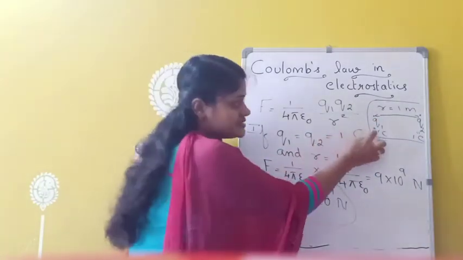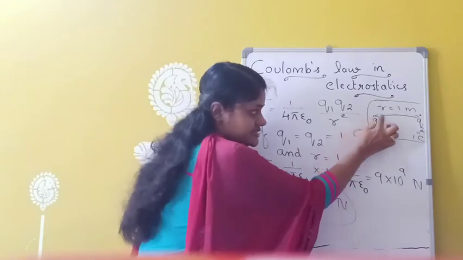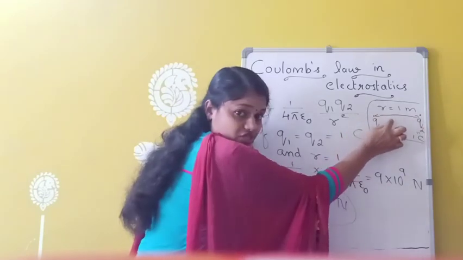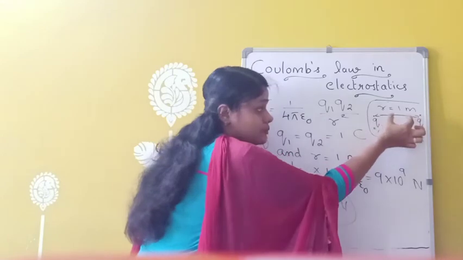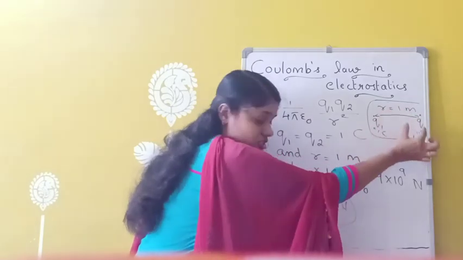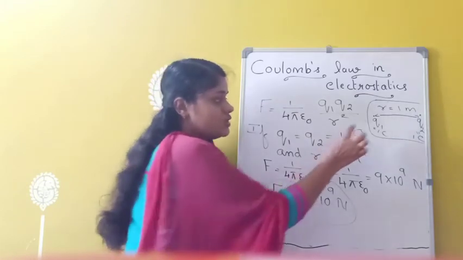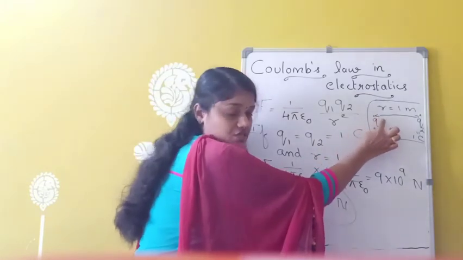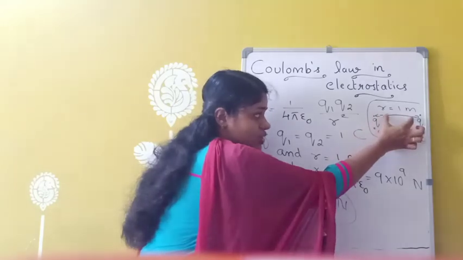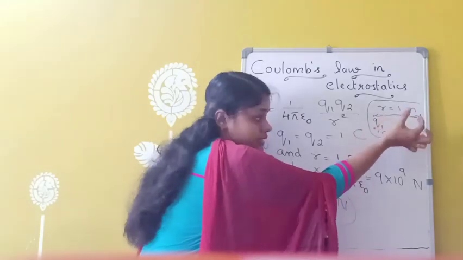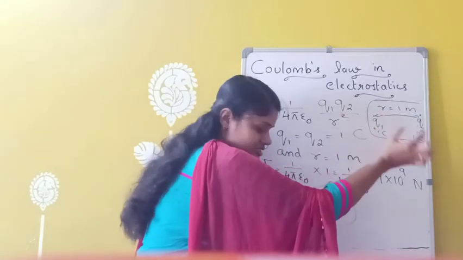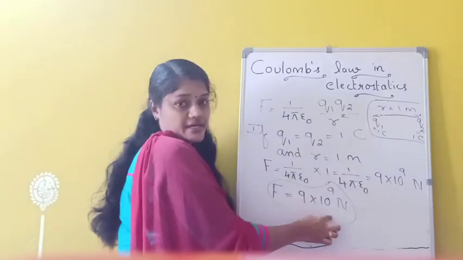So 1 coulomb is the charge which, when placed at a distance of 1 meter from a similar charge, produces a force of repulsion of 9 into 10 raised to 9 Newton.